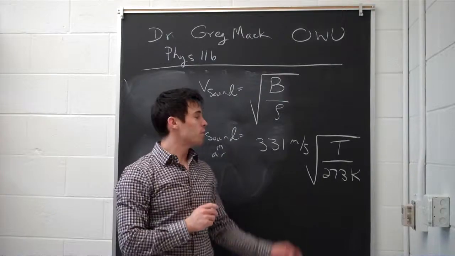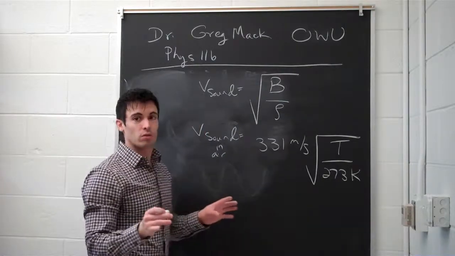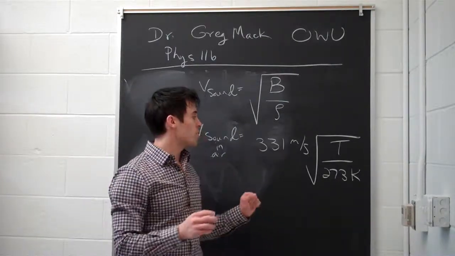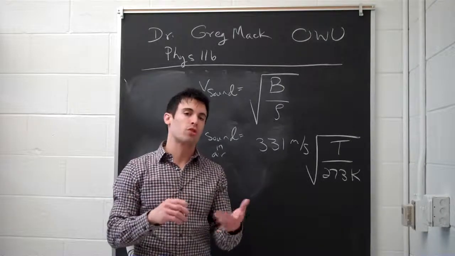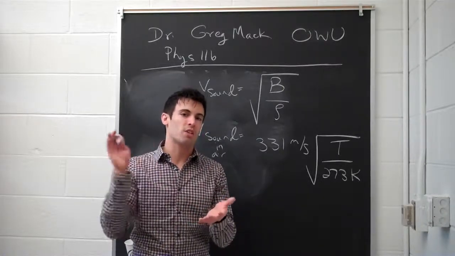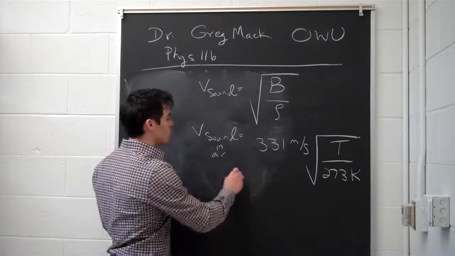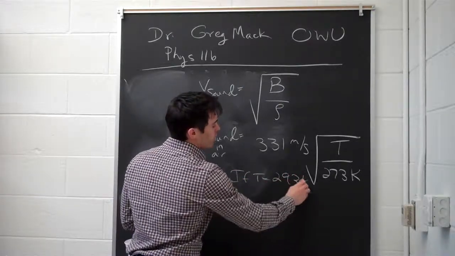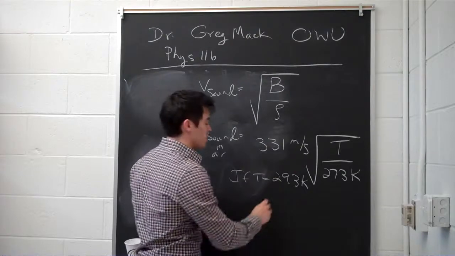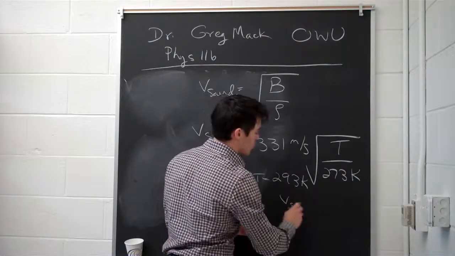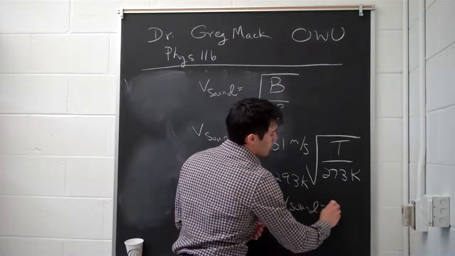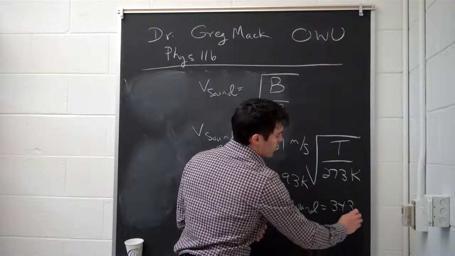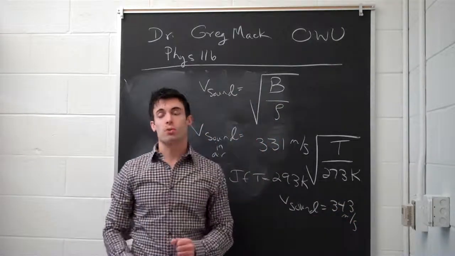Okay, so if you're at room temperature, around 293 Kelvin, room temperature goes from like 293 Kelvin up to like 298 to 300 Kelvin. If you're at 293 Kelvin, then the speed of sound in air is 343 meters per second.